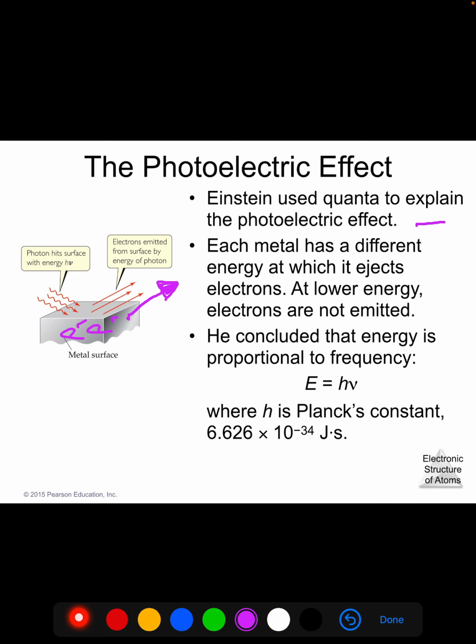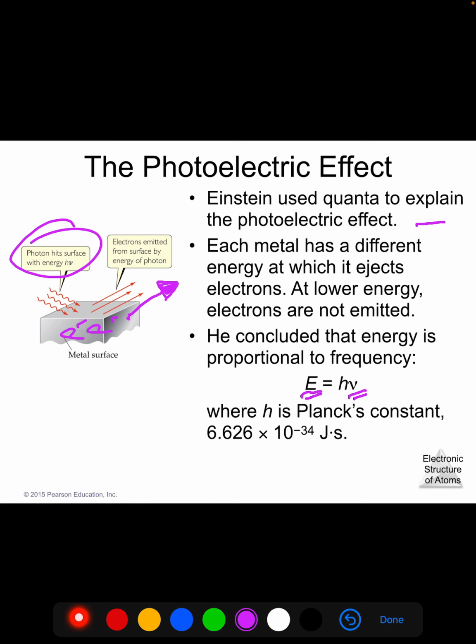But they only do that at a very specific wavelength, a very specific color, which means they do so only at a very specific frequency. And we can relate that frequency to the energy.